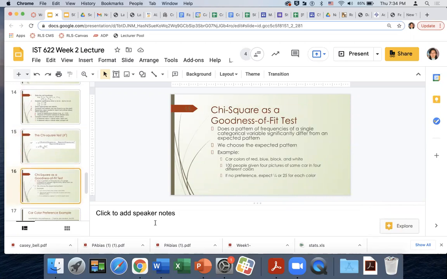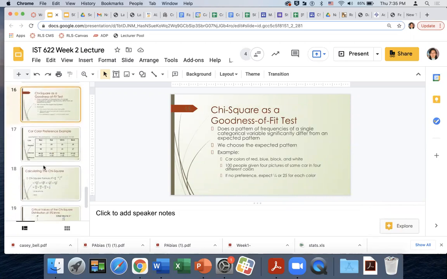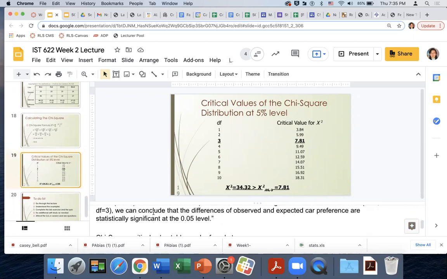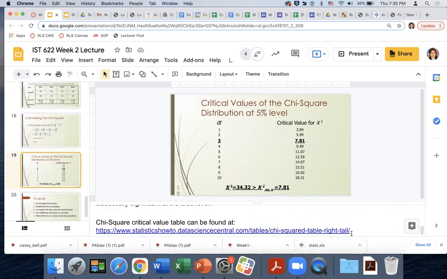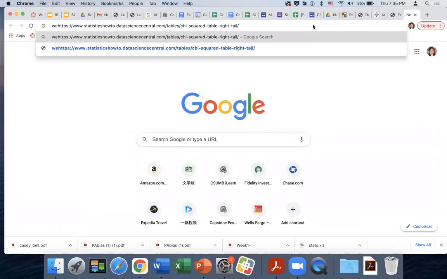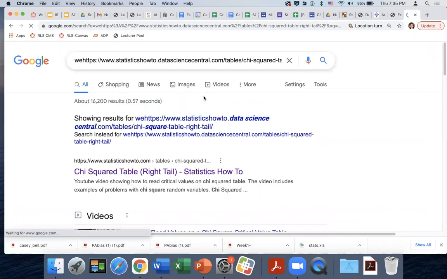Where is it? Oh, it's probably here. So for degree of freedom and critical value, I think we can take a look at what the critical value tables look like. It didn't come up.